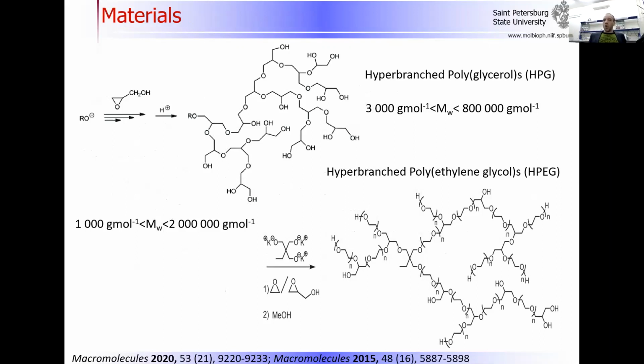In our case, what we have in hand is two sets of samples: hyperbranched polyglycerols and hyperbranched polyethylene glycols. These are actually copolymers, polyethylene glycol polymerized with glycerol as a branching agent. In comparison to dendrimers, the hyperbranched are much easier to synthesize. However, due to the statistical nature of the polymerization process, the dispersity is rather high.